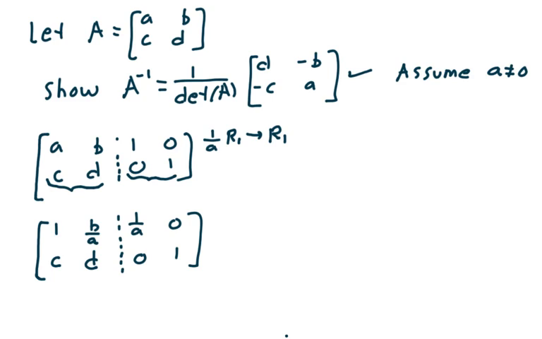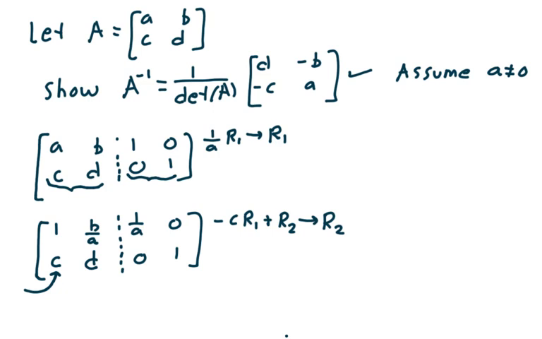From here, I want to turn this entry that I'm pointing at into a 0. What do I do there? I'm going to take negative C, row 1, add it to row 2, and put the result back into row 2. When I do that, I get 1, B over A, and then 1 over A, 0.